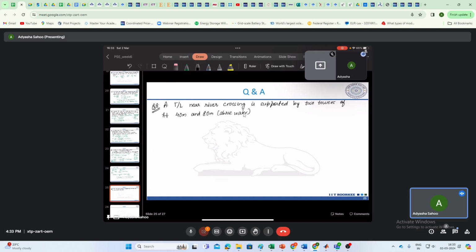The horizontal distance between two towers is 200 meter.